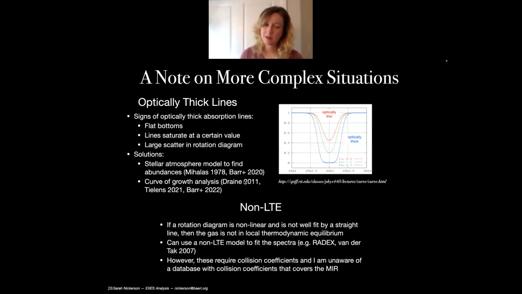And I wrote here that I'm unaware of a database with collision coefficients that covers mid-infrared. But I noticed in David's talk, he mentioned a database. Can't remember what it's called, but I haven't looked it up. So maybe that one covers mid-infrared. I have to verify that actually. But it's going to be a bit of a hunt for your collision coefficients if you're in mid-infrared.